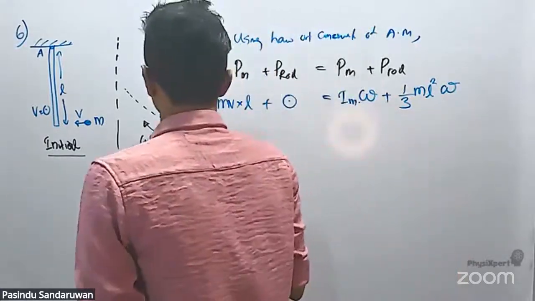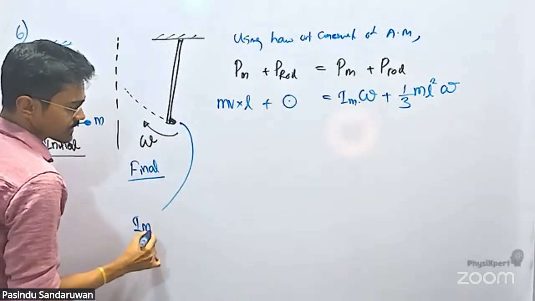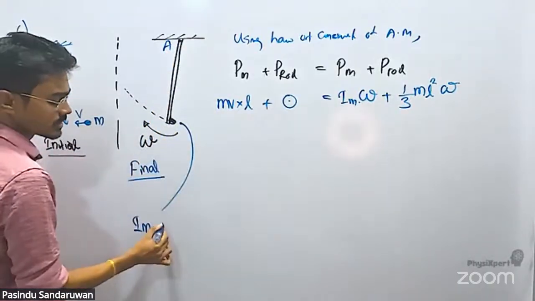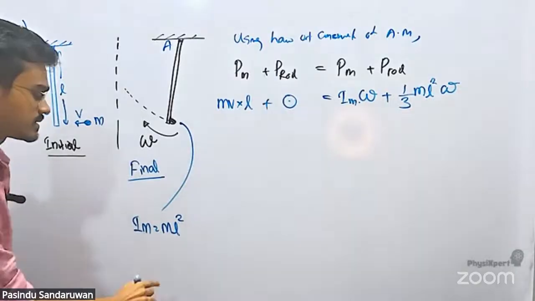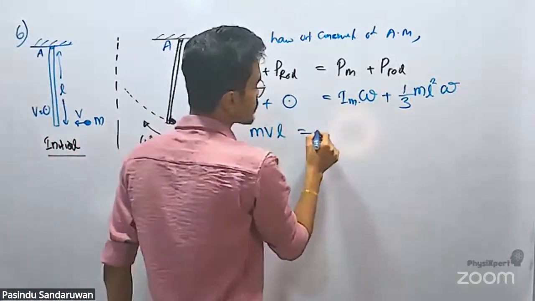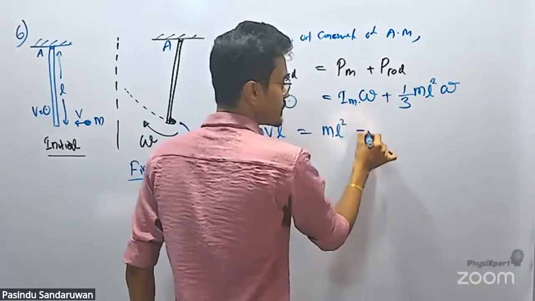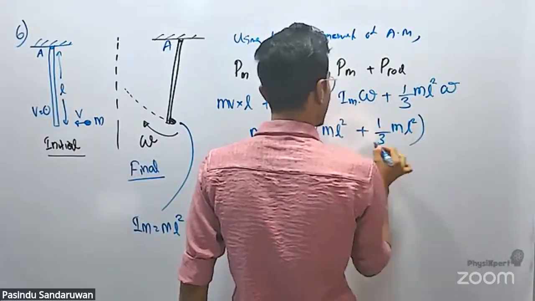But I_m for this one is about an external axis. Point A is external for this one. Then I_m is ml squared because there is an external axis. Then this is mvL equals ml squared, omega is common, take it out, plus 1/3 ml squared omega.